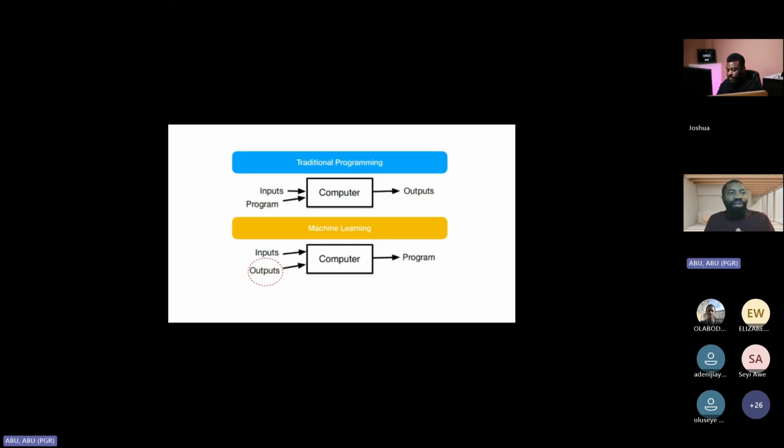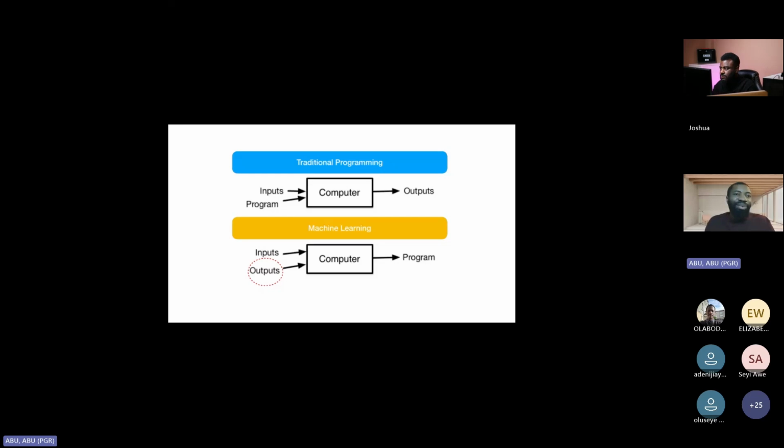So now I'll just be touching on the differences between machine learning and traditional programming. So in traditional programming, you have a computer that takes in inputs and then a program, and then it runs with that input and the program and then gives you an output at the end of the day, right? But when you talk about machine learning, now you have inputs and you have the outputs, and then you're trying to work your way back to get the program that maps the inputs to the outputs.